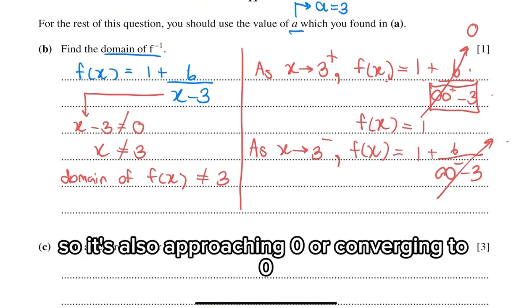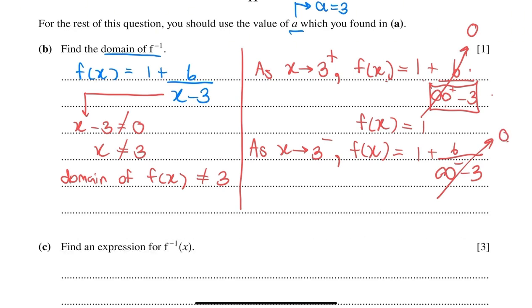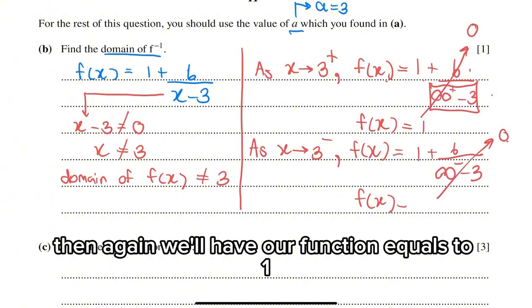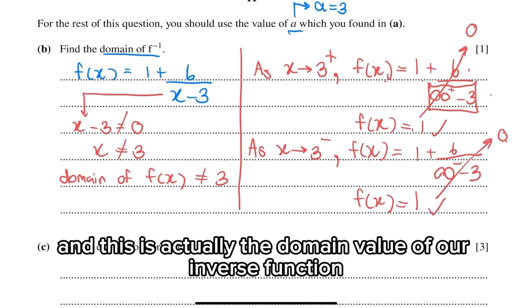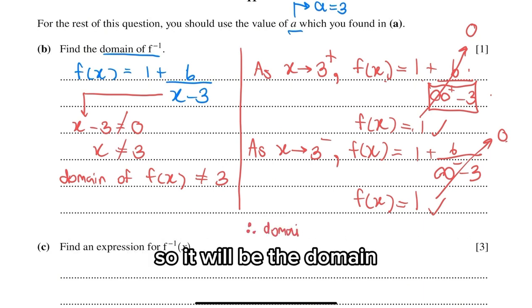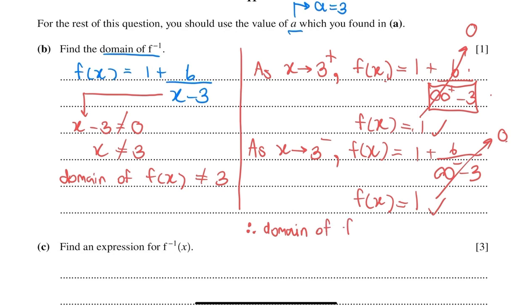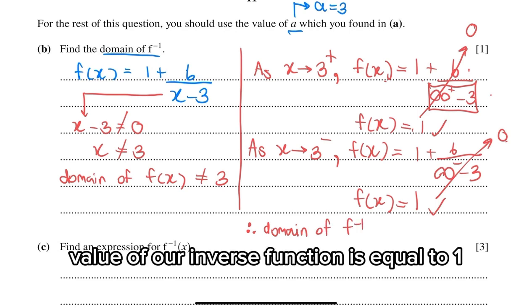So it's also converging to 0. Then again, we'll have our function equal to 1. So our function will converge to 1. And this is actually the domain value of our inverse function, which is equal to 1.